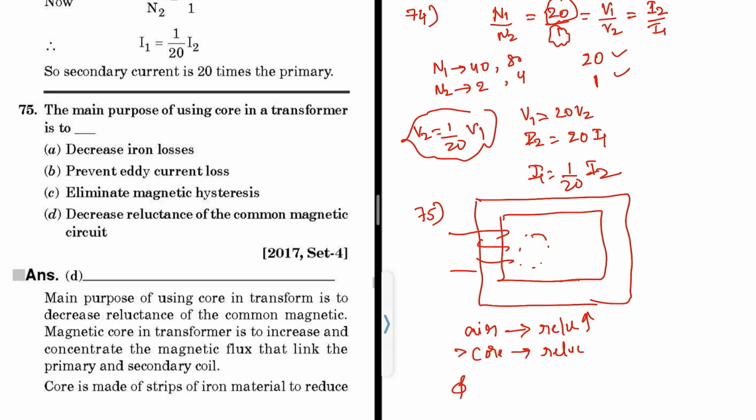Flux always chooses the low reluctance path. So if we provide the core, the flux will choose this core path, right? So for that we provide the core. In order to decrease the reluctance of the common magnetic circuit, so answer is D.